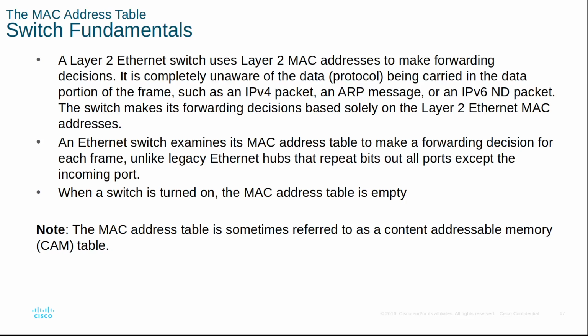So to build this, a switch will examine its MAC address table every time it receives a frame. And it'll make a forwarding decision based on what's in there. And if it doesn't know where to send it, it'll be broadcast out every single port except for the one it comes in on. When a switch is turned on, the MAC address table is empty. And a note, these are sometimes referred to as CAM tables, Content Addressable Memory tables. So you might see those terms used interchangeably.